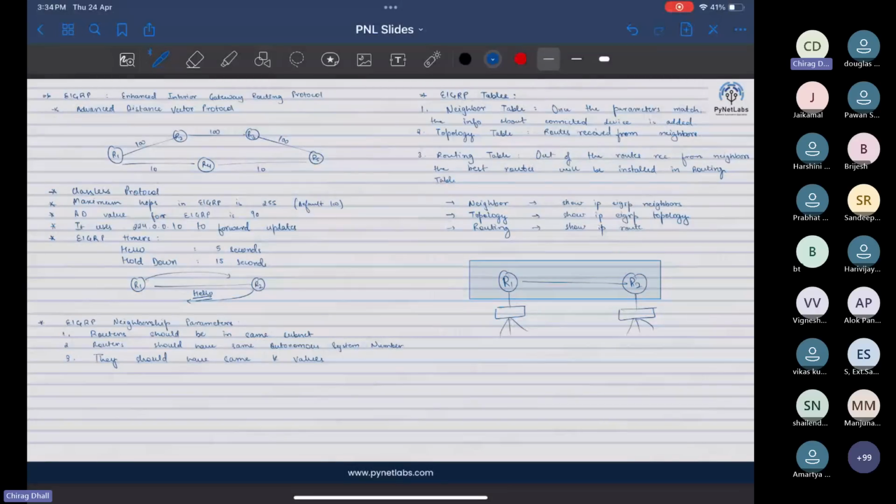Now, when I connect them with EIGRP, I told you I have to put them on a group number, right? I have to use a group number. So I'll be using EIGRP 10. That 10 in technical terminology is ASN, which is autonomous system number. Clear?